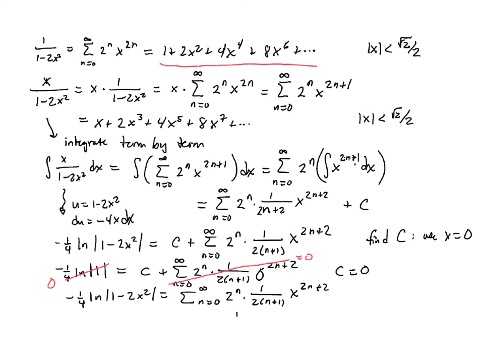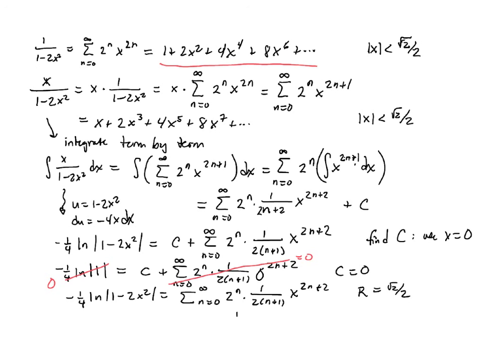If you like, you can cancel off one of the factors of 2 inside this expression with the 2 in the denominator to simplify a little bit. I'm not going to worry about that for this lecture. Last thing to note here is, again, the radius of convergence stays the same. And so we pretty much know exactly where this power series converges.